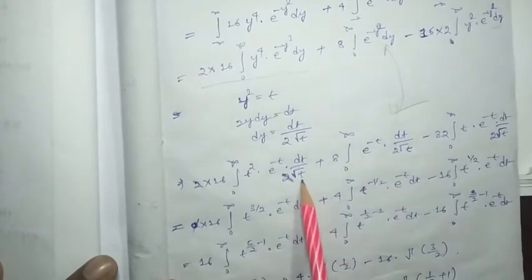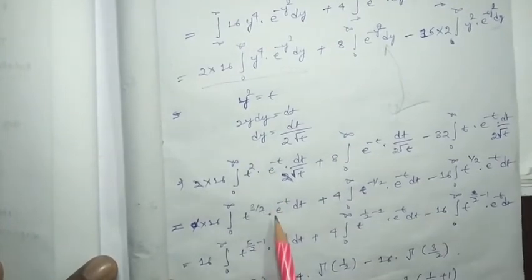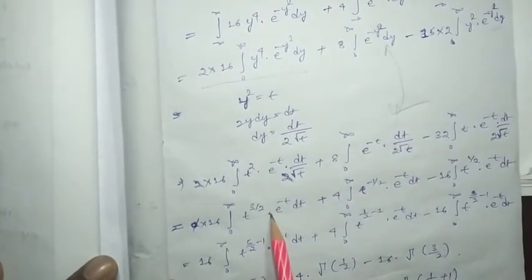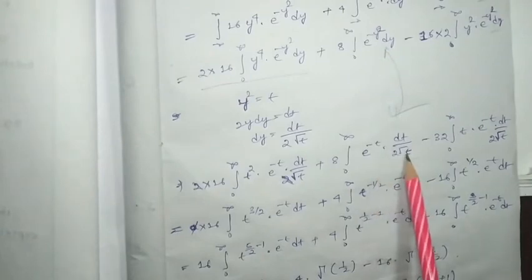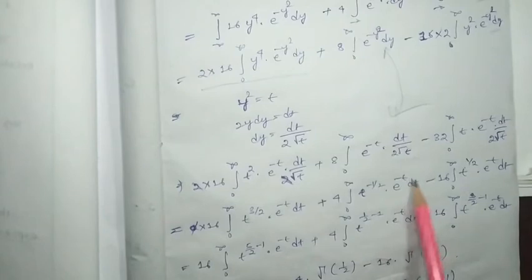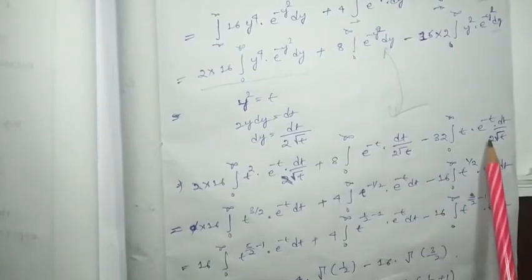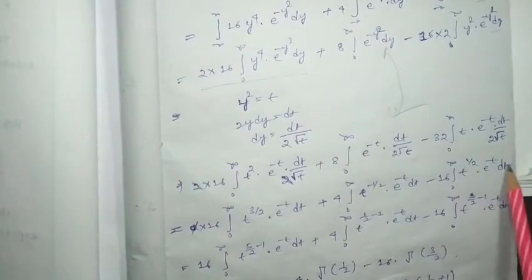t to the power 1 by 2. If it moves up, then it will be t to the 3 by 2, and likewise this t to the 1 by 2, if it moves off, then it will be t to the minus 1 by 2 e to the minus t dt, 16. Here 2 and 32, it will be 16 t to the 2 e to the minus t dt.